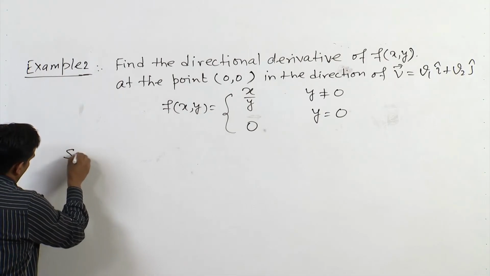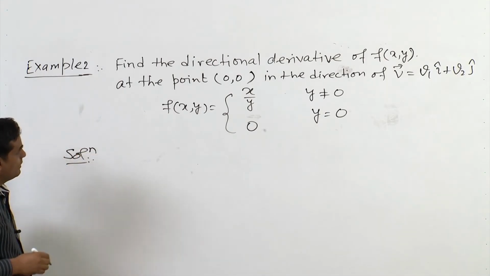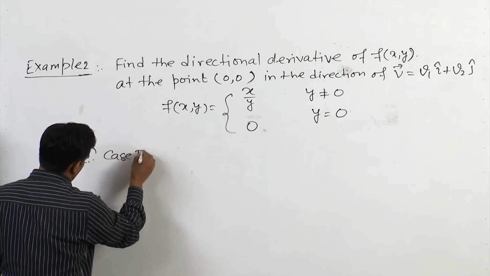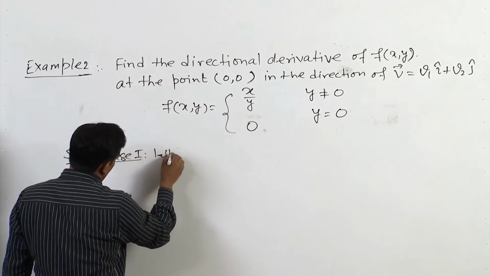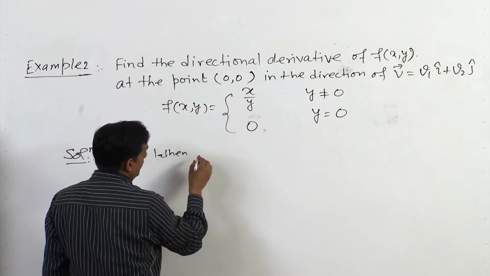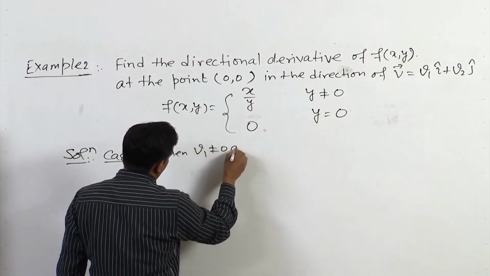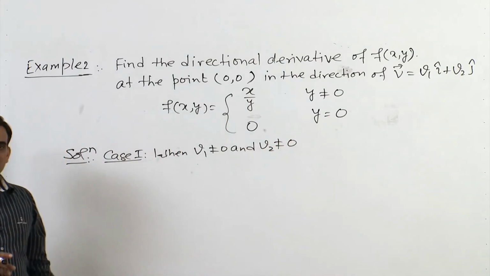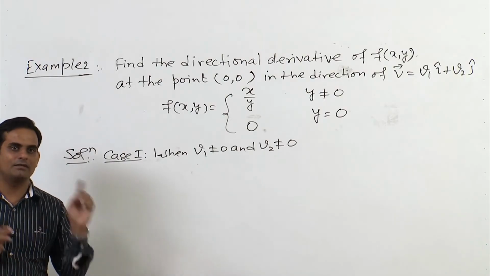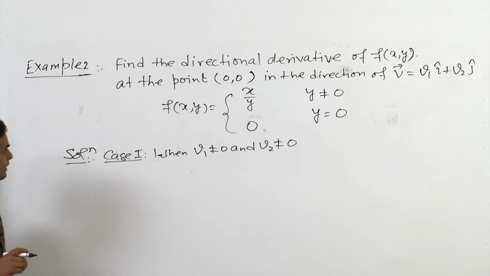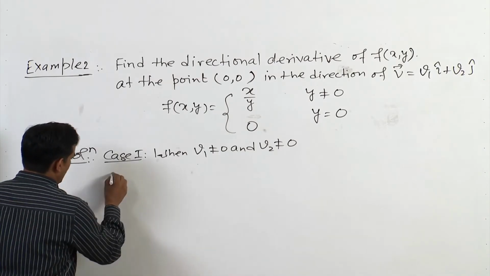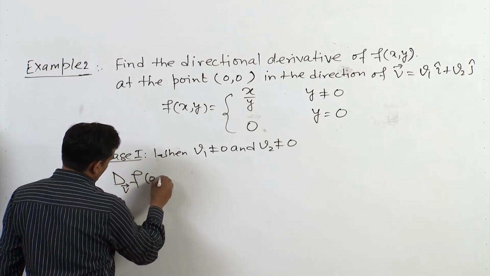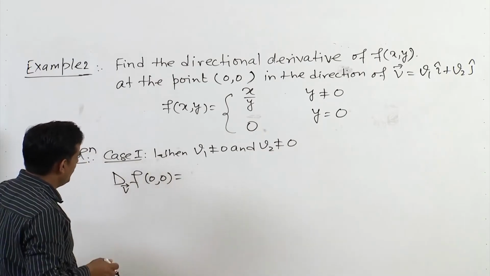Now find the directional derivative. Here we will take two separate cases. Case 1, when v1 not equals to 0 and v2 not equals to 0, so we are not along the x-axis as well as the y-axis.